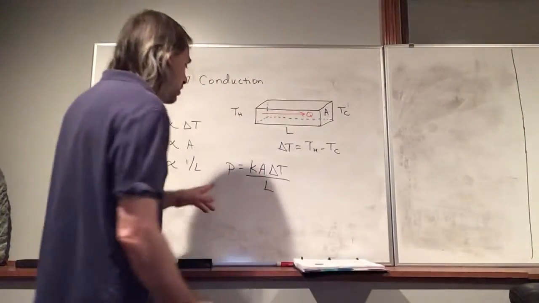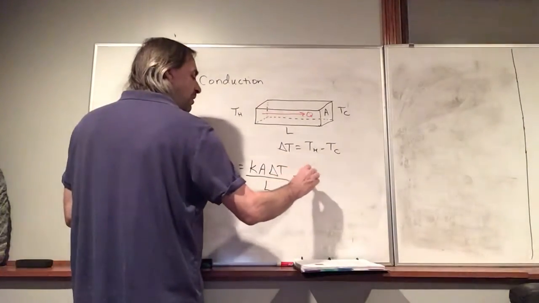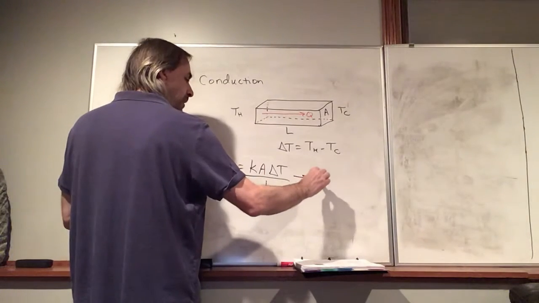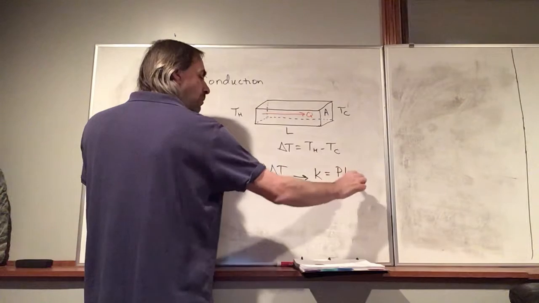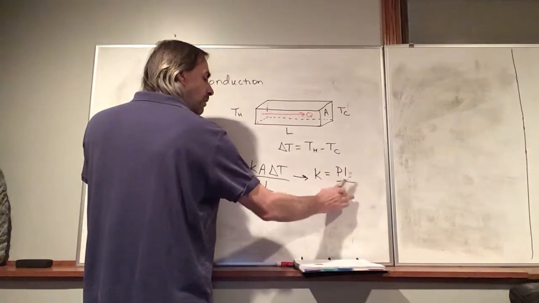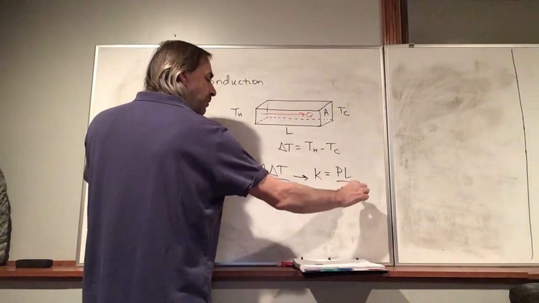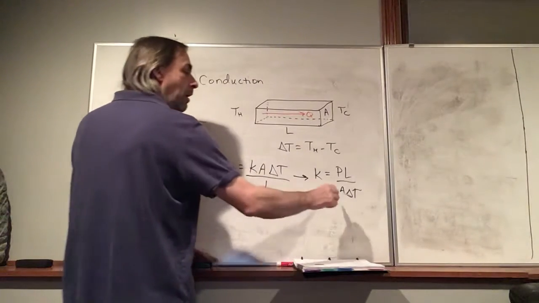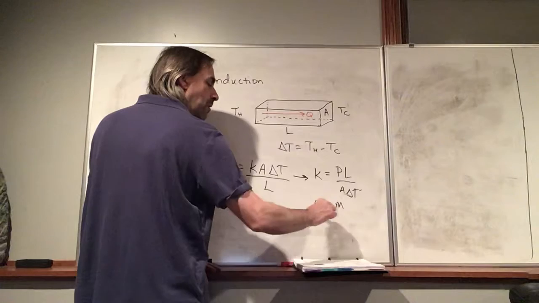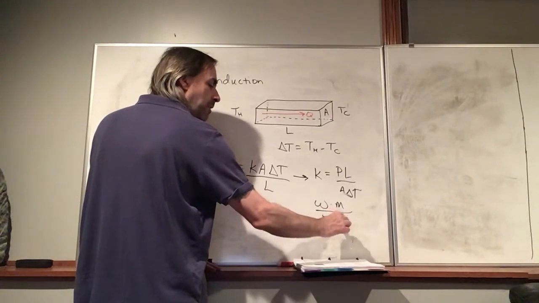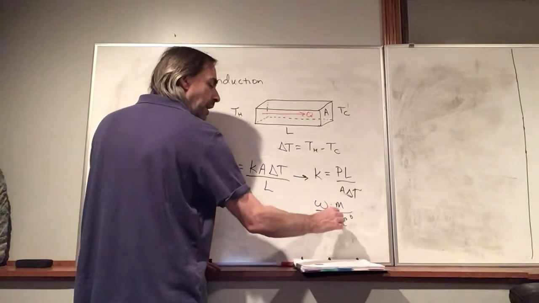Let's solve for K, just to get the units. So if we solve this for K, we have P L over A delta T. Okay, so P would be watts times meter over meter squared times Celsius degree.